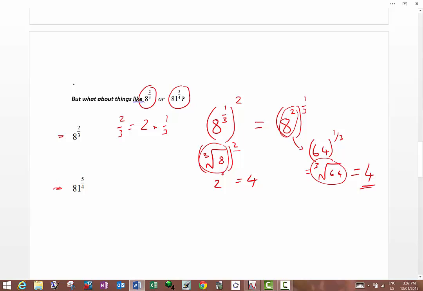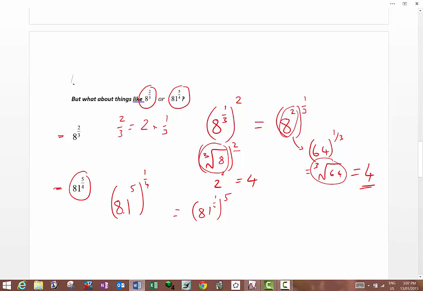So let's have a look at the second one, 81 to the 5/4. This is the same as 81 to the power 5, raised to the power a quarter, and it's also equal to 81 to the power a quarter, all raised to the power 5.